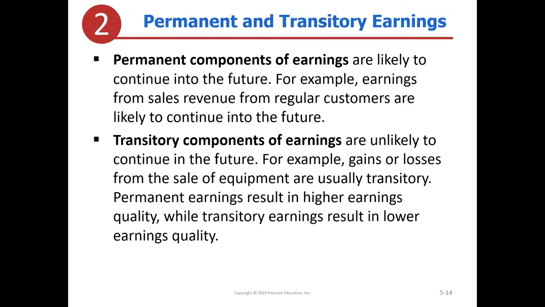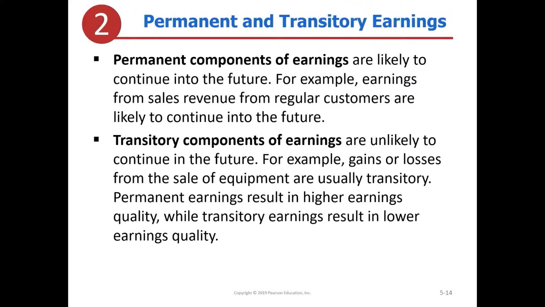In assessing earnings quality, financial statement users gauge the portion of reported earnings that are permanent versus those that are transitory. Permanent components of earnings are likely to continue into the future. For example, earnings from sales revenue from regular customers are likely to continue into the future.